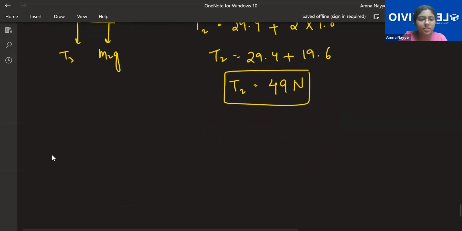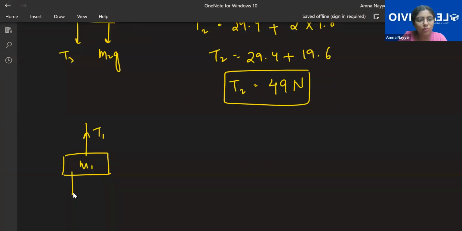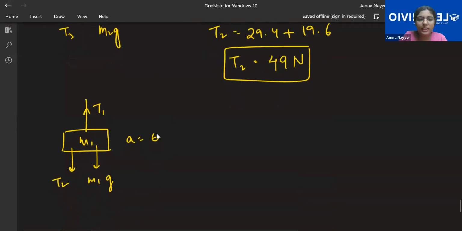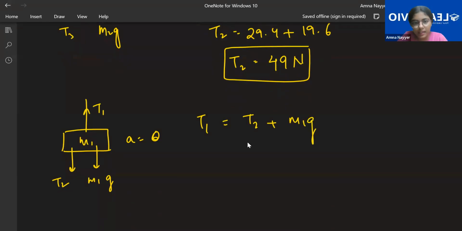Coming to the first body, M1. Upwards, you will have T1, downwards, you will have T2, and here you will have M1G. When acceleration is zero, here also the acceleration was zero. So when the acceleration is zero, we can say upward forces are balancing the downward forces, right? So when this is the case, T1 is equal to T2 plus M1G.